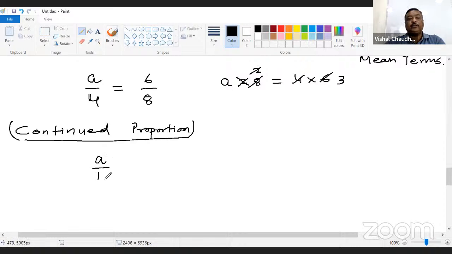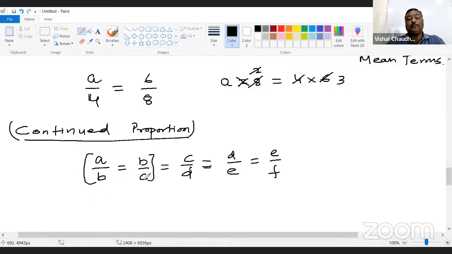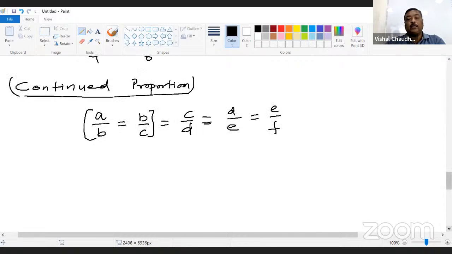If ratio A by B is equal to B by C is equal to C by D is equal to D by E is equal to E by F, this is known as continued proportion.